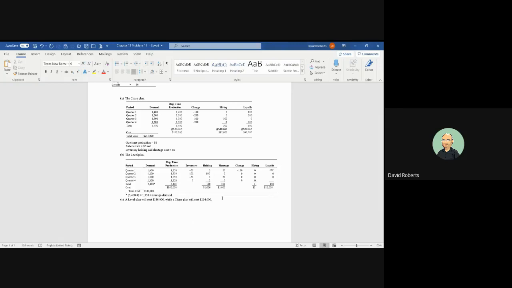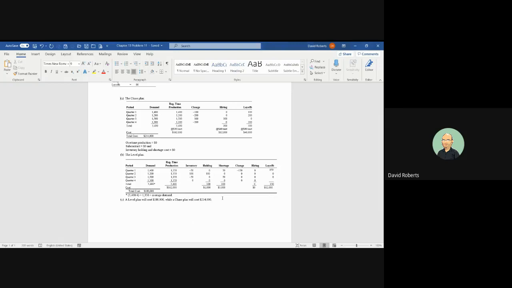So the regular production is the same, but because the hiring and layoff costs are significantly more than holding and shortage, you can see that the hiring and layoff costs were 52,000 in the previous problem, with 12 plus the 40 for 52,000, and the inventory was only 1 plus 5 for 6.